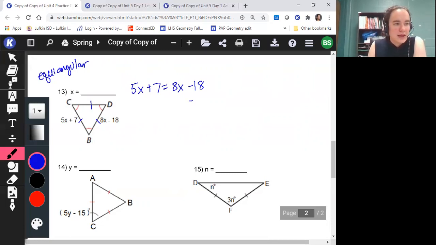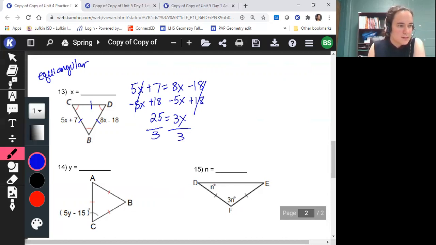We're going to add 18 to both sides and subtract 5x from both sides. That gives us 25 equaling 3x. Divide by 3 on both sides, and x equals 25 thirds. Yes, leave your answer as a fraction.